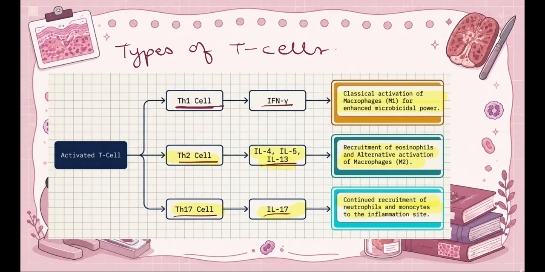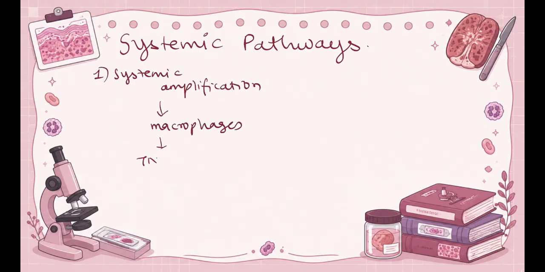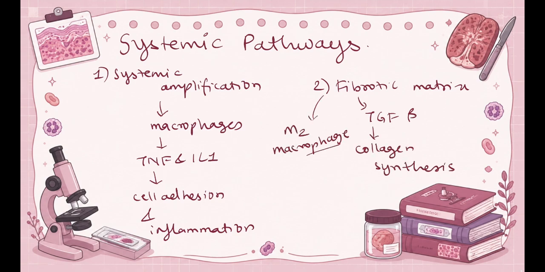These signals culminate in 2 massive systemic pathways. The systemic amplification path is driven by TNF and IL-1. This promotes extensive cell adhesion and triggers body-wide inflammatory effects. At the same time, the fibrotic matrix path is driven by TGF-beta. This is the body's most potent stimulus for collagen synthesis.